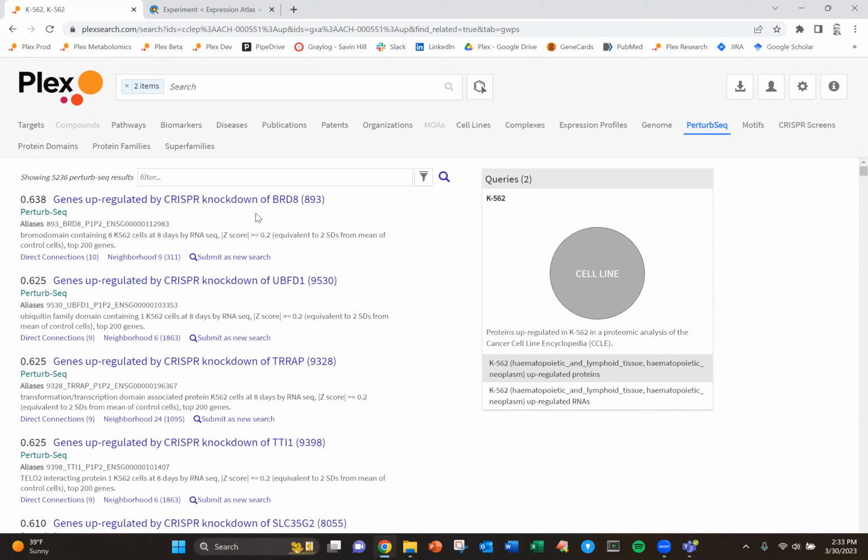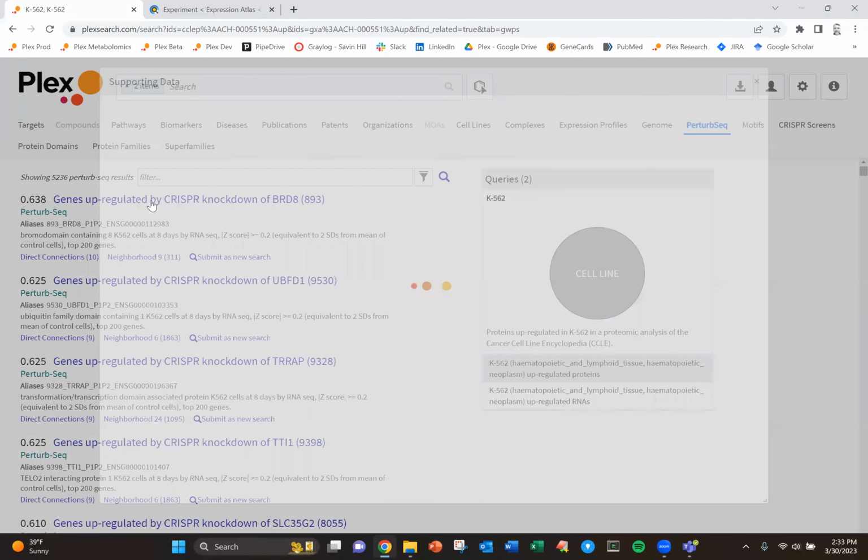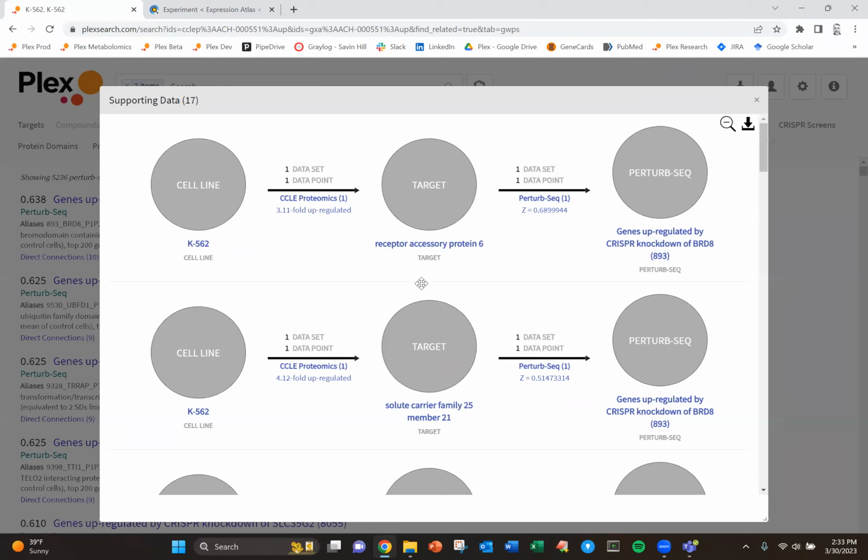So similar genes upregulated as we see in K562 cells. So for example, the very top hit, in fact, is when you knock down BRD8, you see a similar set of genes modulated, also upregulated. And again, you can click on this and see which genes those are, how much they're regulated, in our original experiment, we're in the K562 cells anyway, and in this CRISPR knockdown experiment.